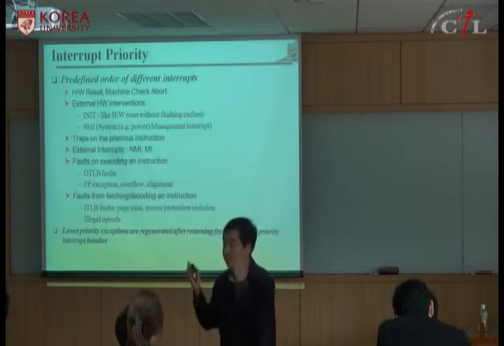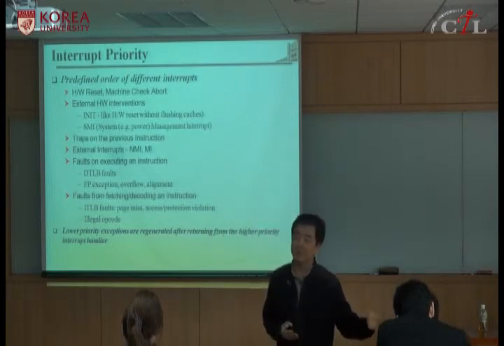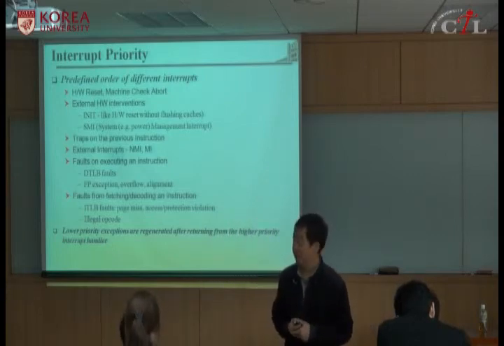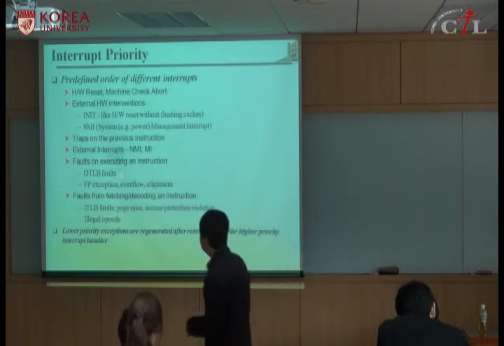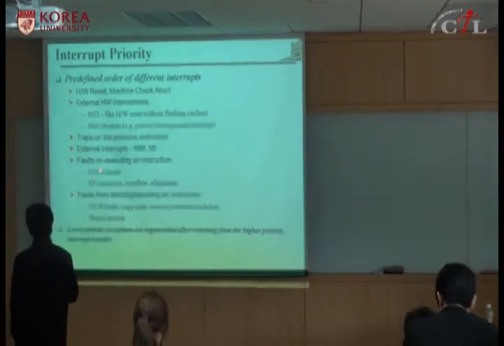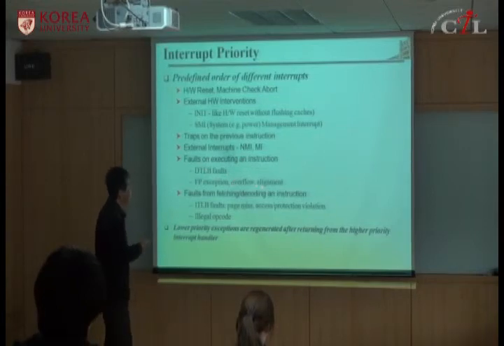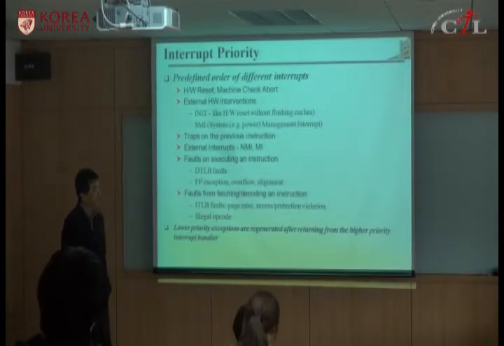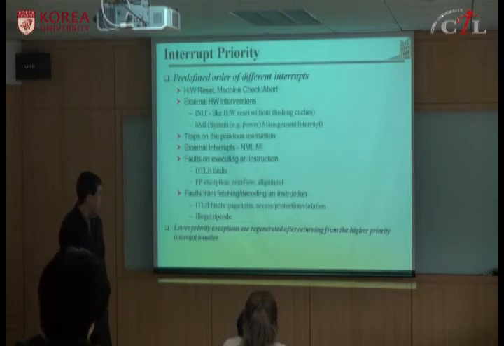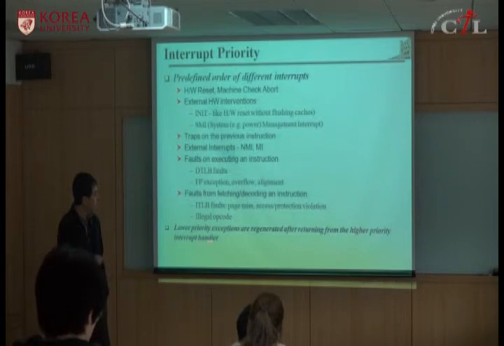Okay? There might be misprediction or whatever. So you have to handle exception in program order. Okay? So you have to handle exception at the execution stage, and then decode stage, and fetch stage, and so on. Okay? In program order. And lower priority exceptions are regenerated after returning from the higher priority interrupt handler. Okay?